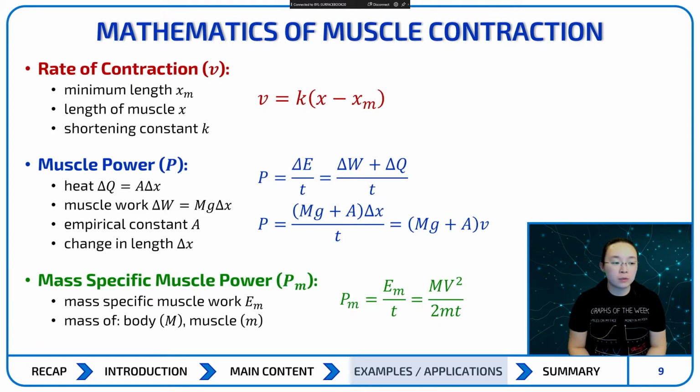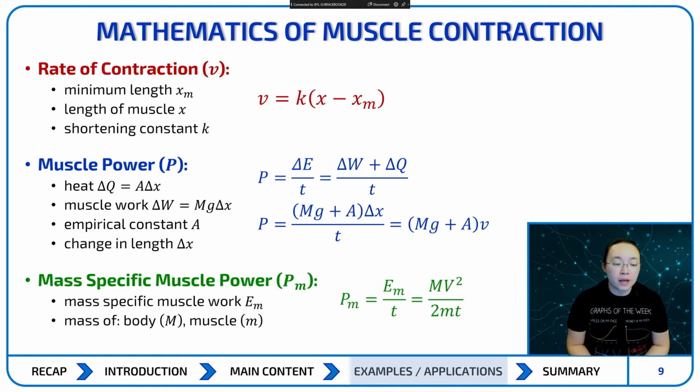And each of those are equal to their own equations. So delta Q for heat is equal to A, some sort of empirical constant, times a change in length. And muscle work is delta W equals mg times delta X.